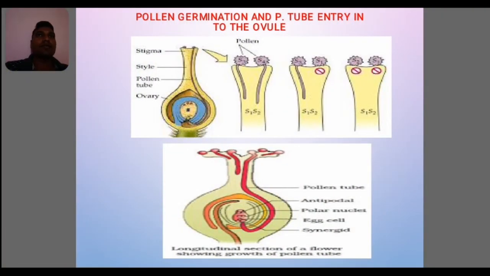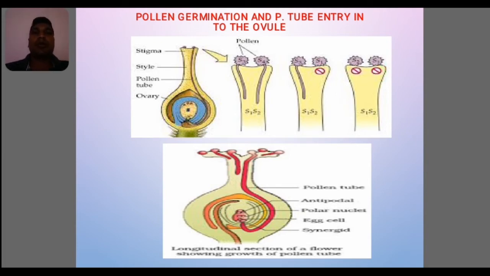So the first one, pollination, is the transfer of pollen grains from the anthers to the stigma. Then next is pollen germination. Pollen germination is a very effective and important stage.